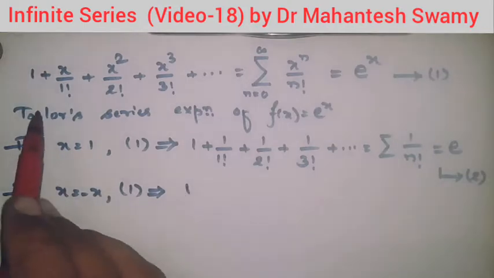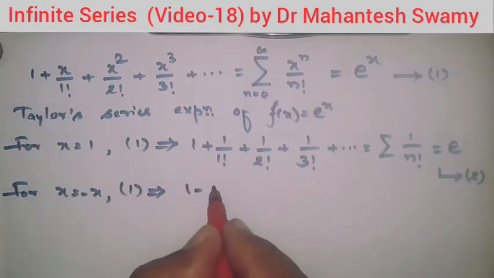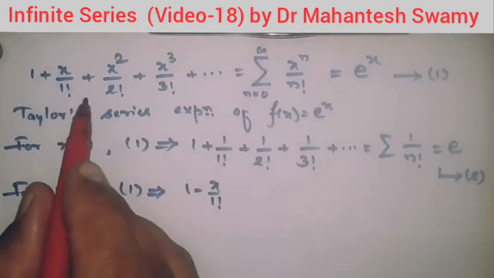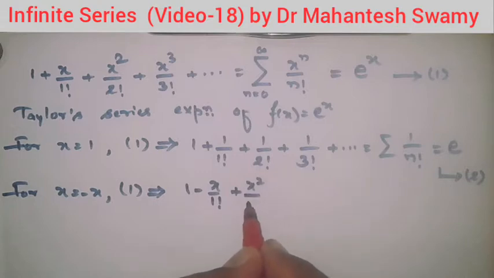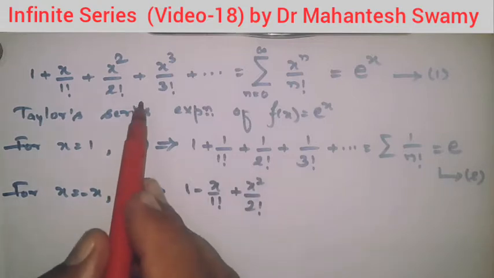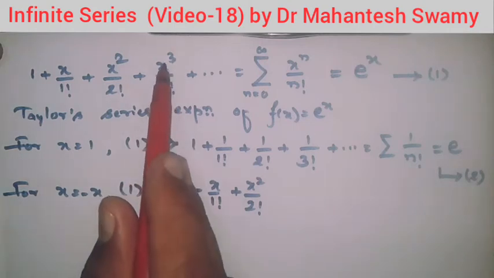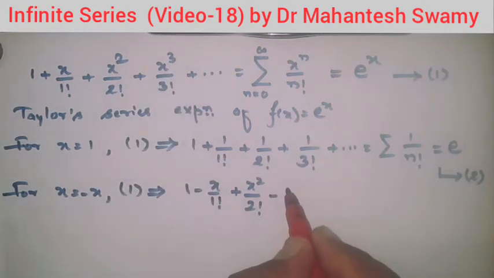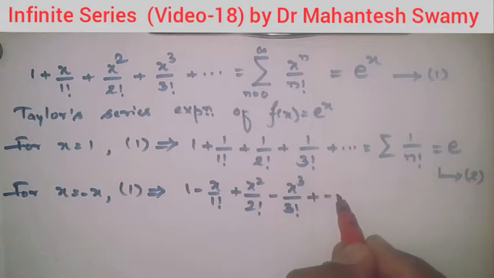In place of x, we substitute minus x, so it will be minus x by 1 factorial, plus minus x whole square becomes plus x square by 2 factorial. Minus x whole cube is minus x cube, so there is a minus sign in front, divided by 3 factorial, and that way it goes on. So it is an alternating series.